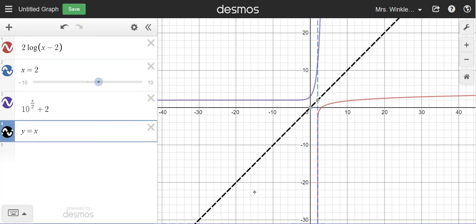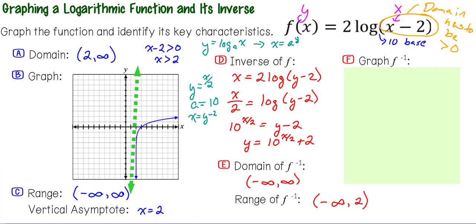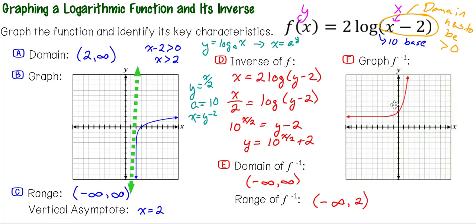And you can see that they are mirror images over the y equals x line. And here is the graph of the inverse. And it still has a vertical asymptote of x equals 2.